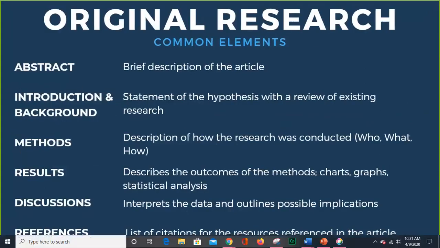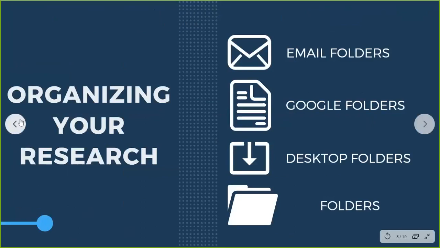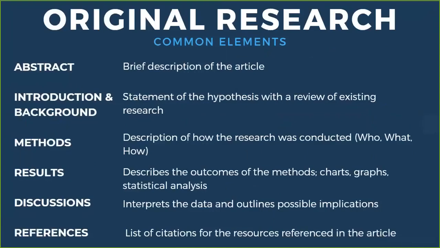References, so you'll see a list of citations for the resources referenced in your article. So those are just common elements. Those can vary based on the type of research that you're doing, versus scientific, or it's an English research or something like that. So some of those elements can change, but that is kind of a basic overview of common elements in a research article.